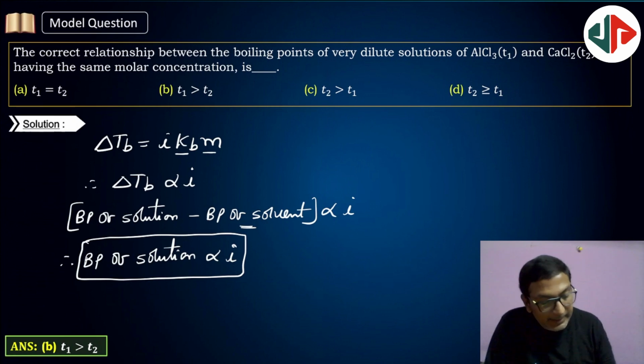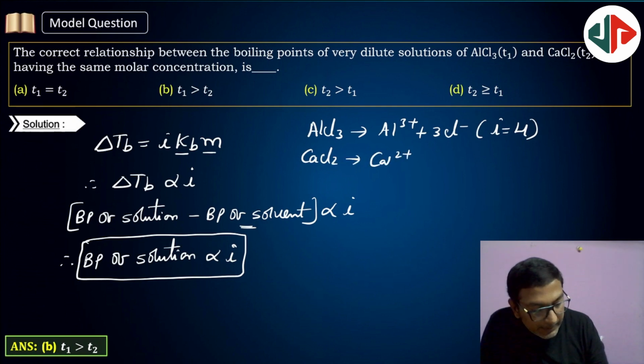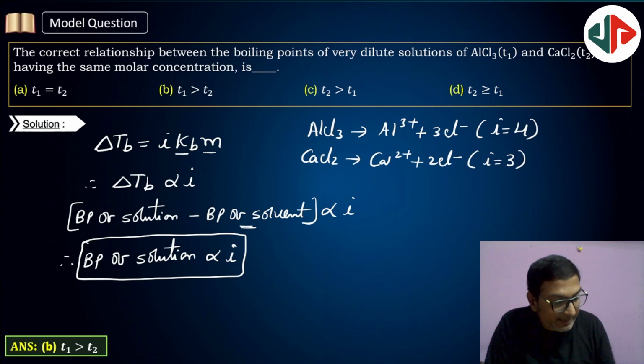So AlCl3 dissociates to Al3+ and 3Cl-, i value equal to 4. CaCl2 gives Ca2+ and 2Cl-, i value equal to 3. So i value is more for AlCl3.